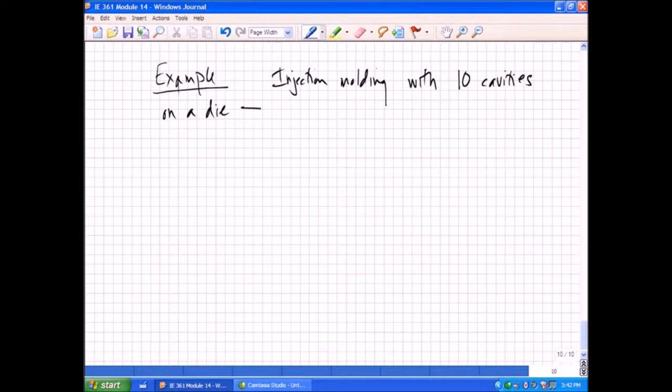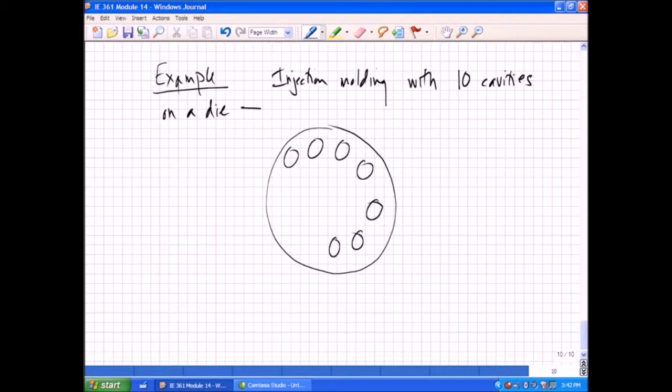Let's further suppose, so you can imagine here, we might lay them out, say 1, 2, 3, 4, 5, 6, 7, 8, 9, 10. And every time that the machine is charged, these cavities are filled with plastic.